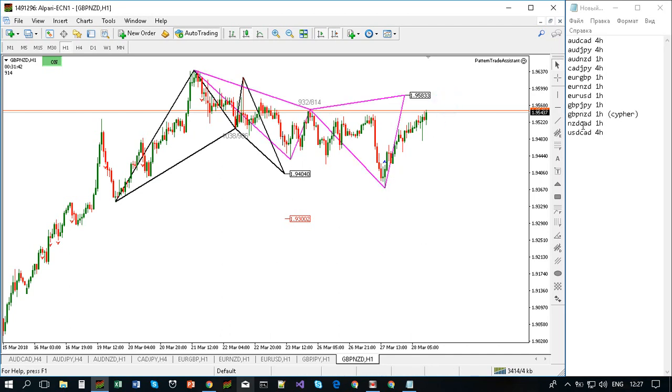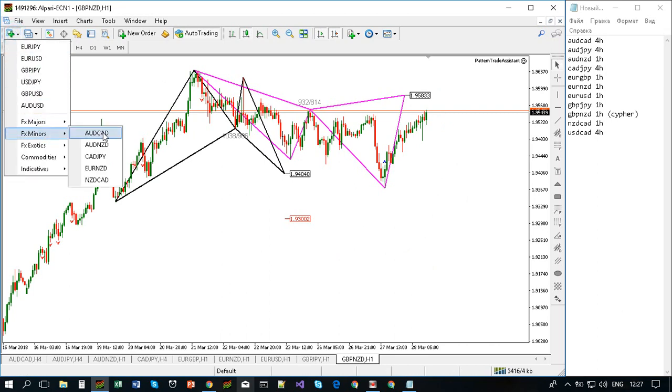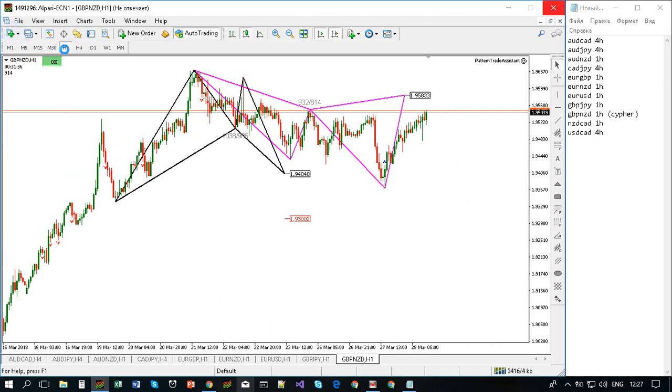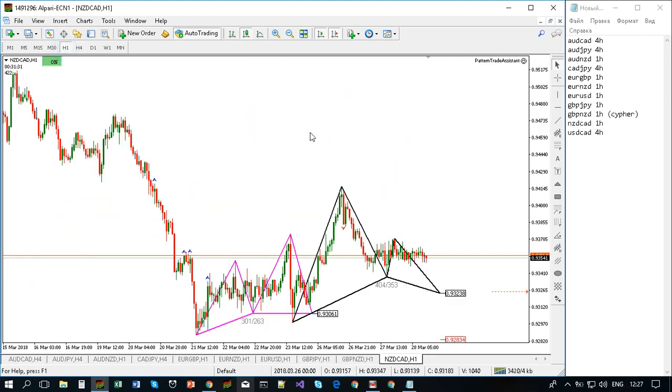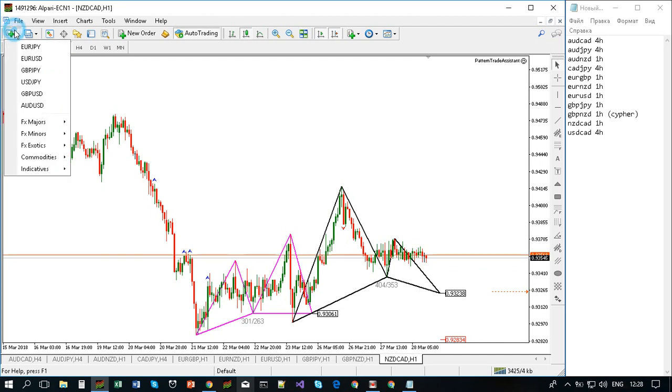Okay, and then New Zealand CAD 1 hour. And dollar CAD 4 hour. USD CAD.